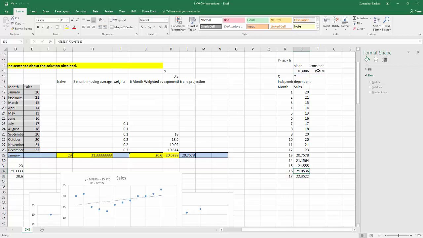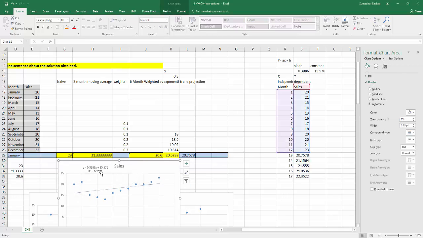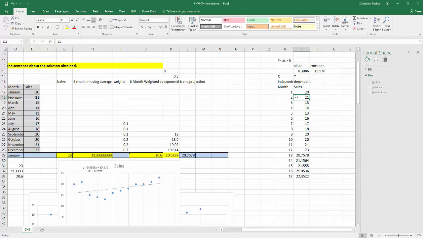However, the farther you go, the less accurate it is, especially when your R square is 0.2072, which is a relatively low value, which means the change in y is only explained to the extent of 20% by the change in x. Okay, so it's not a very robust model.